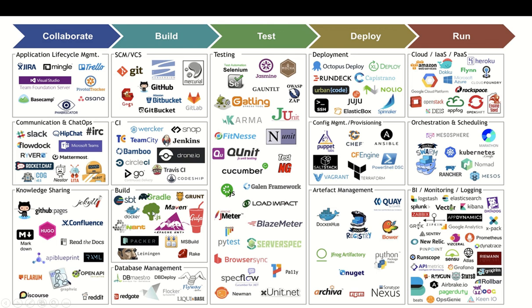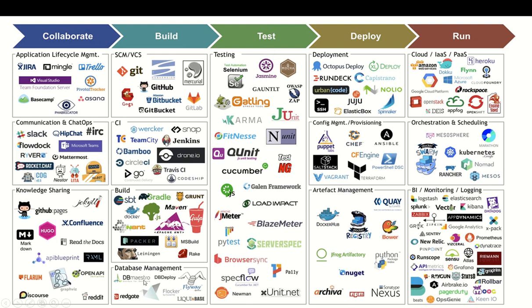For building the code, like packaging, Maven or Packer, MS Build, these are the tools we'll be using. Out of these, we won't be using all the tools; it depends on the organization you work for. And for the database, we'll be using these databases.